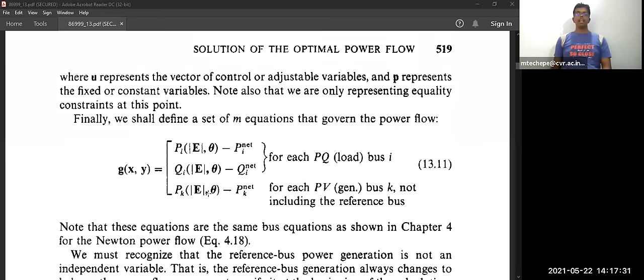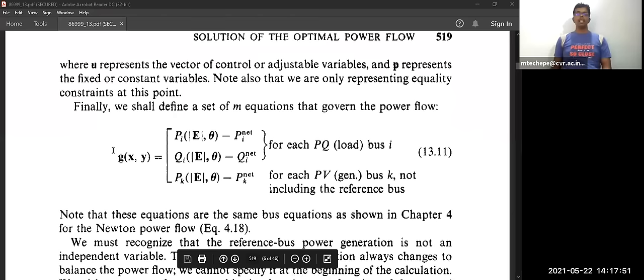Then again Pk of e comma theta minus Pk net for each PV generation bus k, not including the reference bus. So like that, we have taken the g of x comma y.